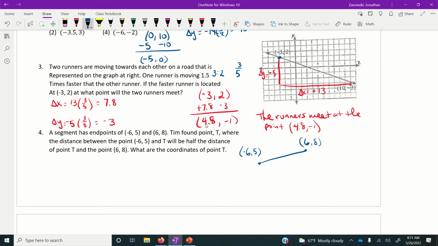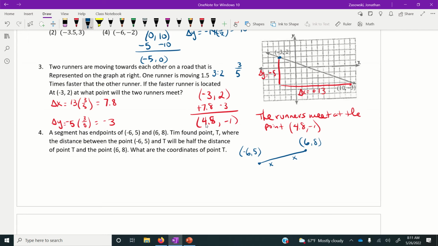Now, if we put point T right in the middle, okay, what that means is that this would be a ratio of like 1 to 1. If this length is x, this length is x, okay? But that's not what we want, right? We don't want the line to necessarily be right in the middle. We want to make it so that point T, the distance between -6,5 and T will be half the distance of T to 6,8.